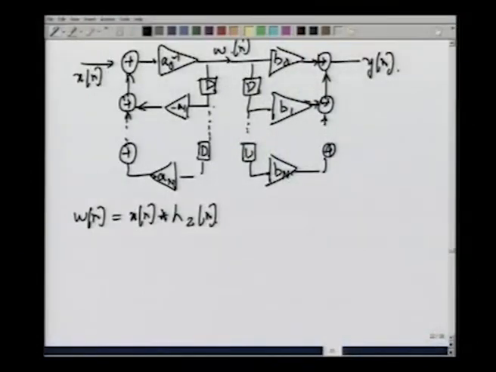If this is wn, this will be w dash n, but w dash n is required for this as well, and so on until here you will get w delayed by n. What you would get is w n minus 1, which is required by both sides, and finally here you would get w n minus n.